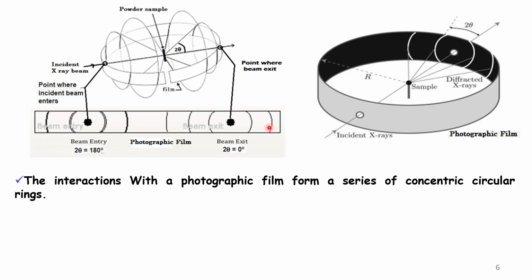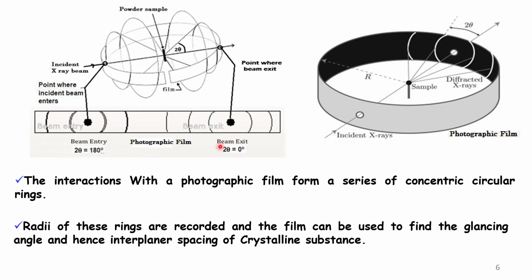This is the point where the incident beam enters, and this is the point where it exits. At the entry and exit points we can see the formation of different concentric rings.